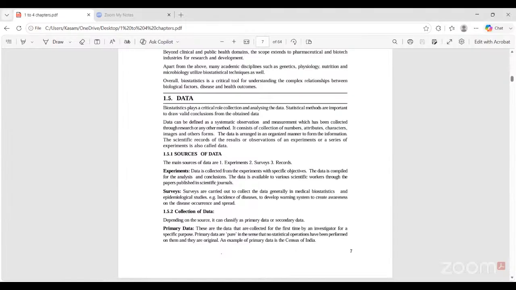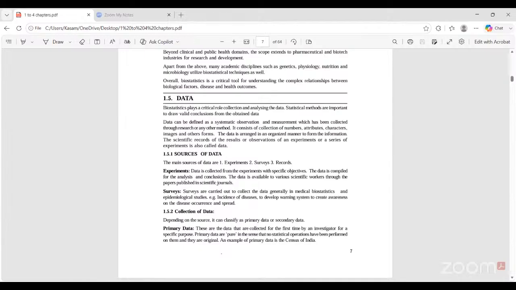Data can be derived from systematic observation and measurement, which can be collected through research and any other method. It contains a collection of numbers, as I already told, along with attributes, characteristics, images, others, surveys, and samplings. The data is arranged in an organized manner from the information: scientific records, results, observations, and experiments.